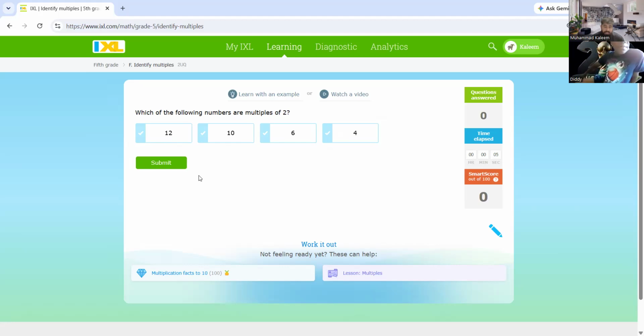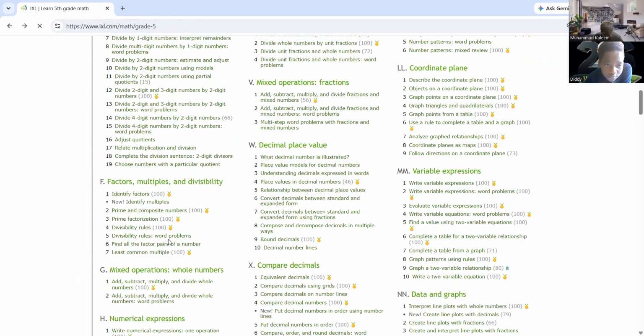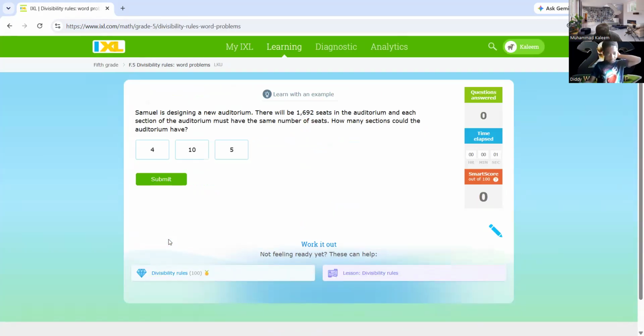Which of the following numbers are multiples of 2? It's easy. Okay, you want to do this one? Samuel is designing a new auditorium.